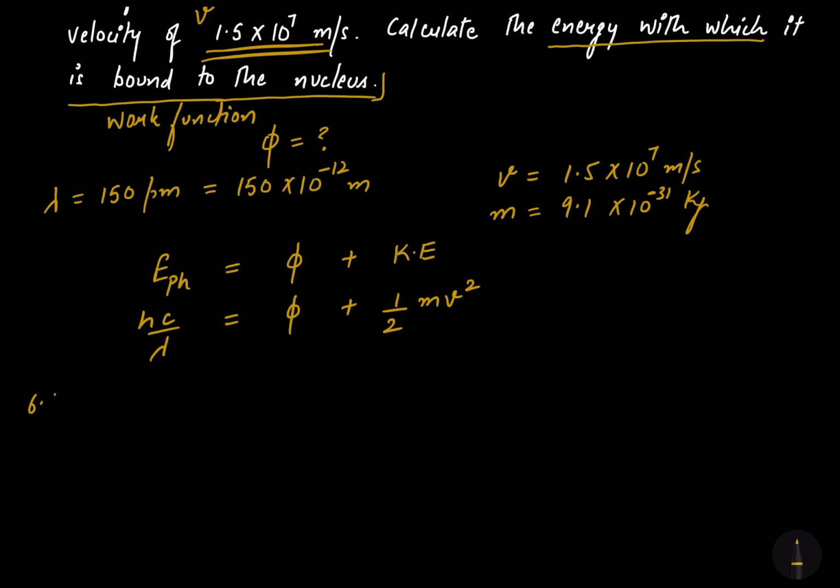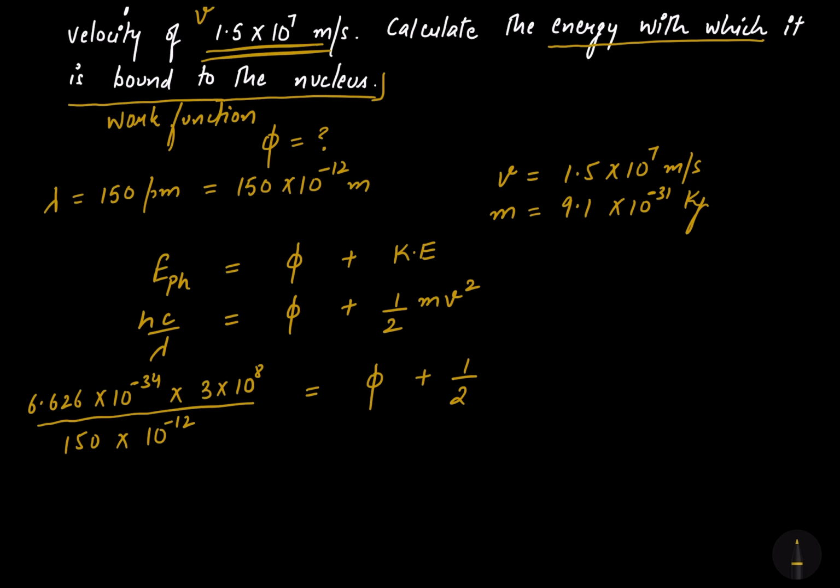It's 6.626 into 10 to the power minus 34. What's the value of speed of light? It is 3 into 10 raised to power 8, divided by, what's the wavelength given in the question? It's 150 into 10 raised to power minus 12 meters, which is equal to the phi plus 1 by 2.